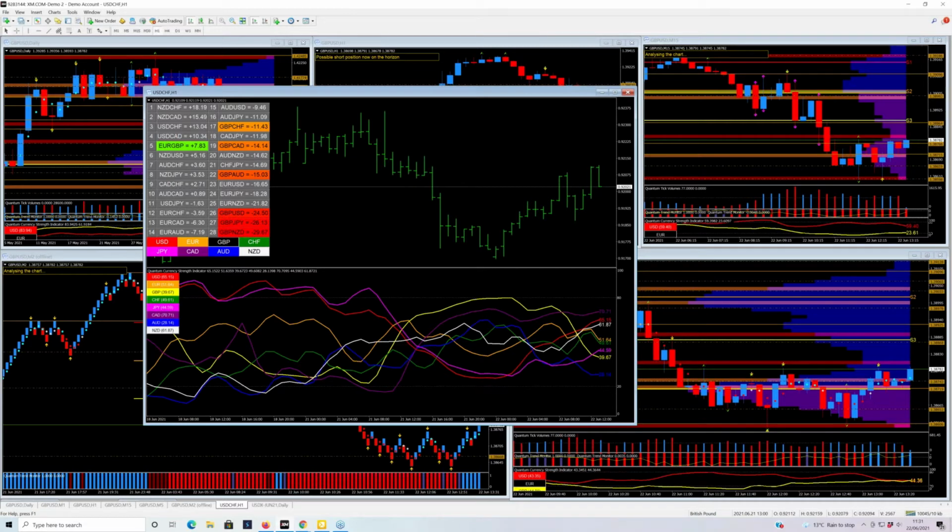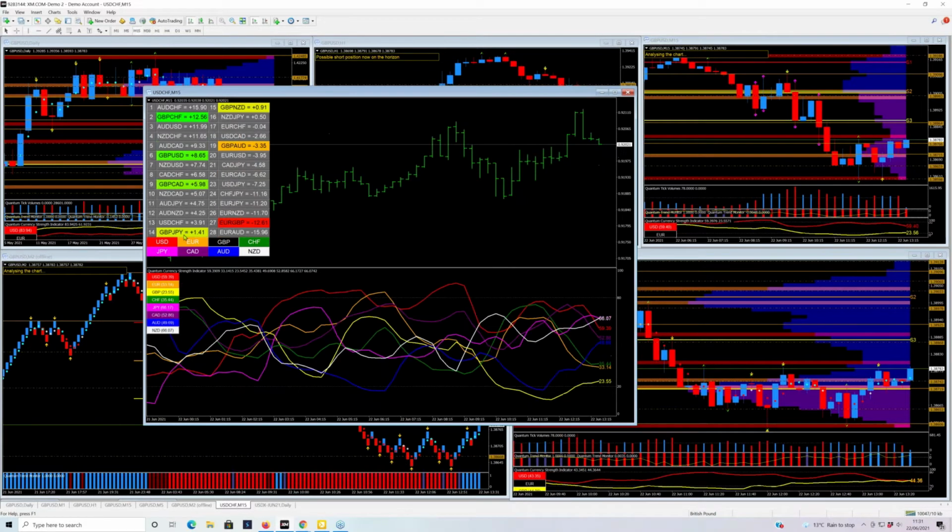That's telling us that cable is actually on the move. And on the 15-minute chart, you can use this to track the price action for the pairs as well. So you pull them all together and it gives you an indication of whether the move has got some legs to it, as it were.